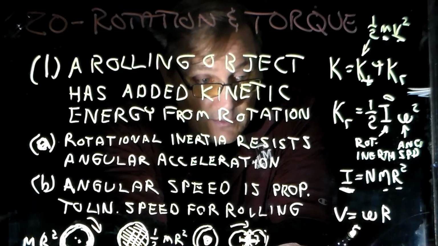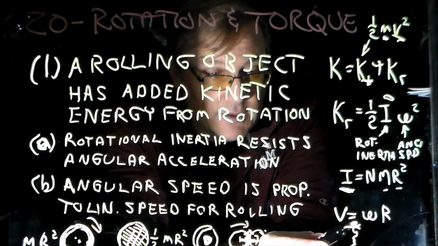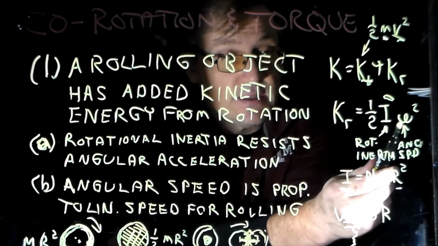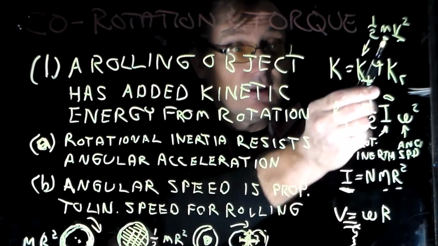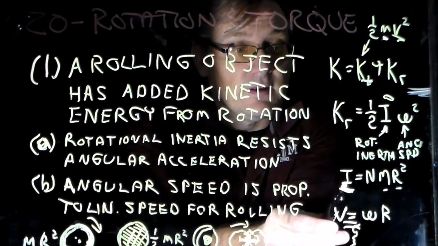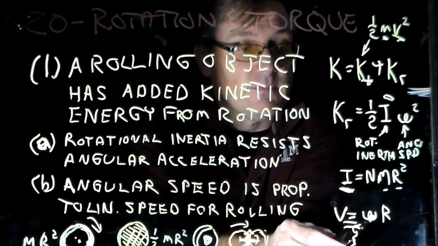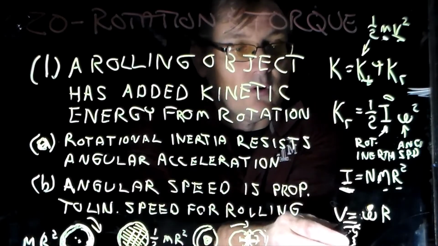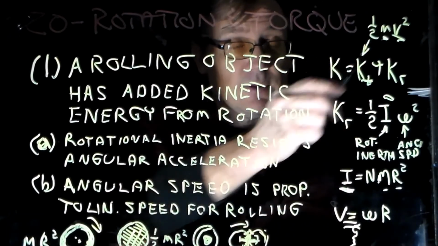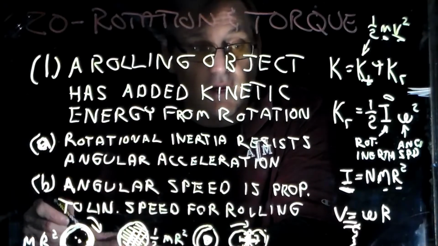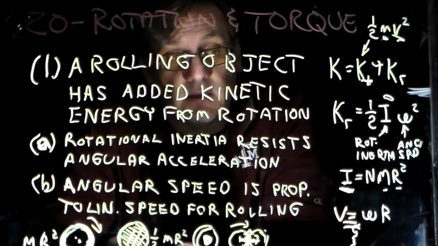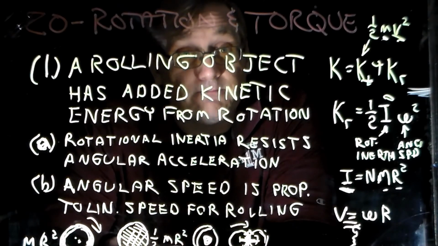It's going to be completely comparable, because the moment of inertia is a function of m, and omega is a function of v, so these two terms are completely comparable. As long as you know the radius of your object, you can rewrite these and not have to worry about it. All right?